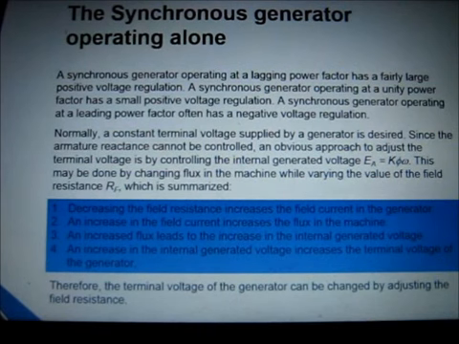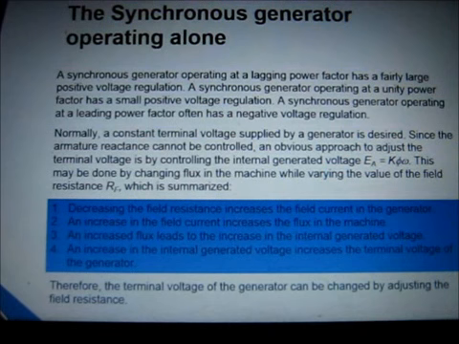A synchronous generator operating at a lagging power factor has a fairly larger positive voltage regulation. For unity power factor, there is a very small voltage regulation, and in case of a leading power factor, we have a negative voltage regulation.